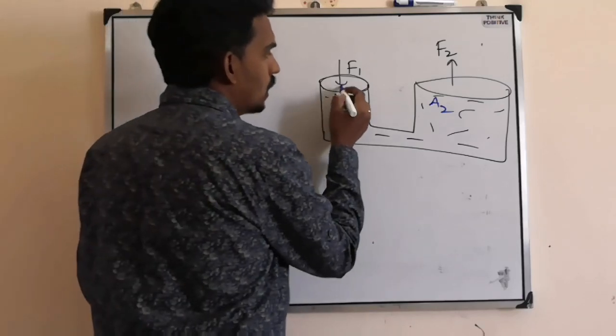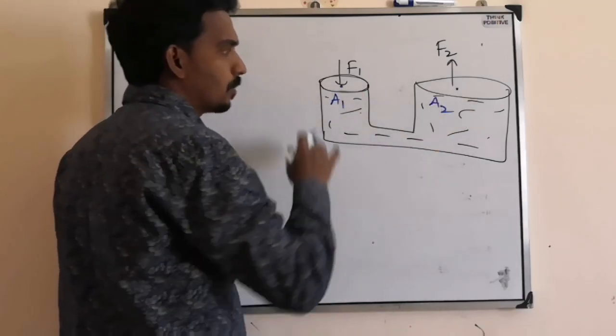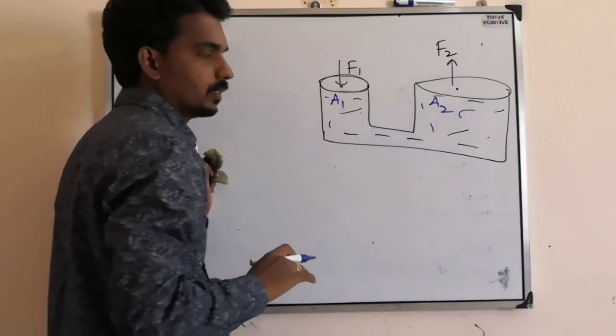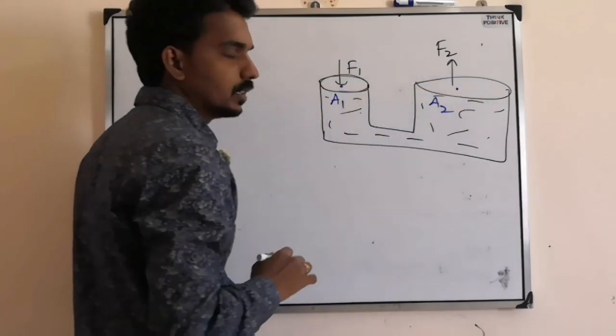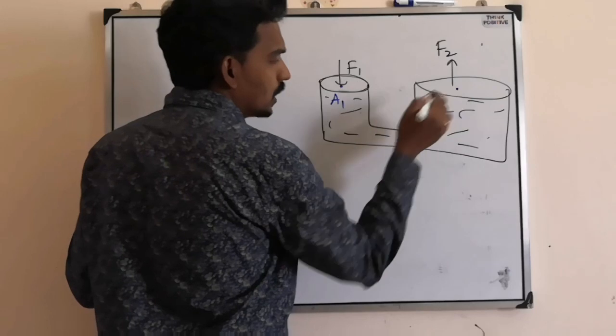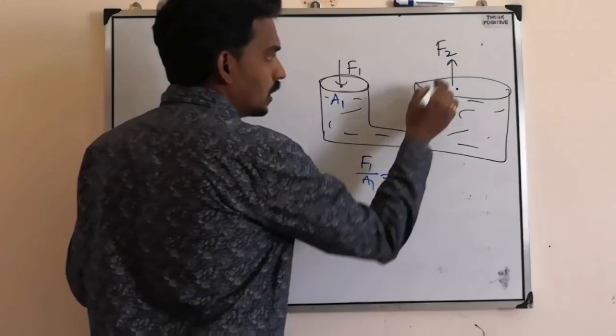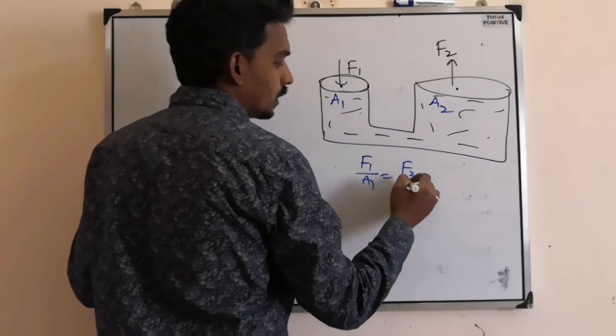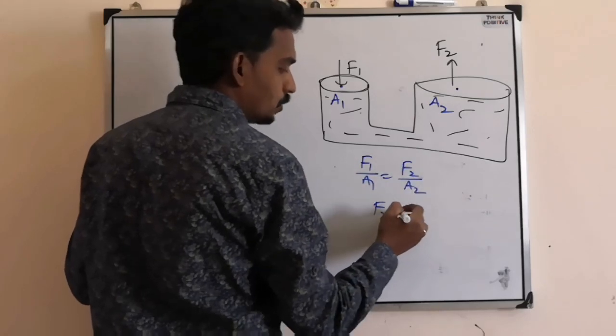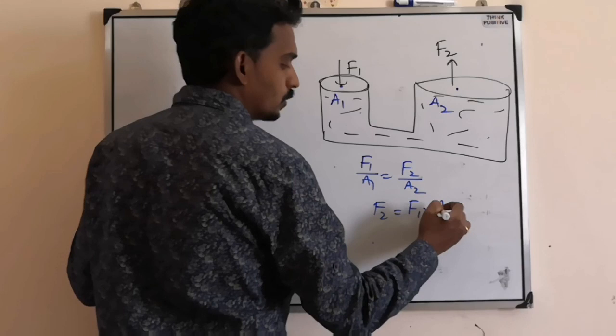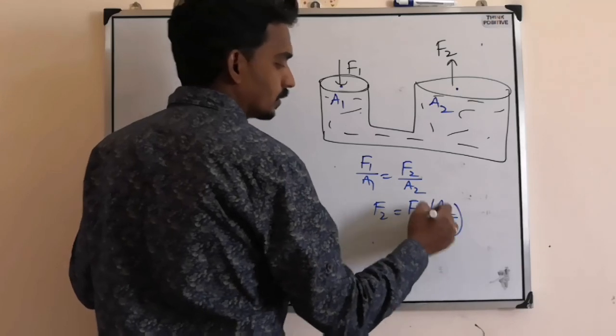Using Pascal's law, here and here pressure is same because both are at same level inside the same fluid. Now here pressure is F1 by A1, here pressure is F2 by A2. Then F2 will become F1 into A2 by A1.